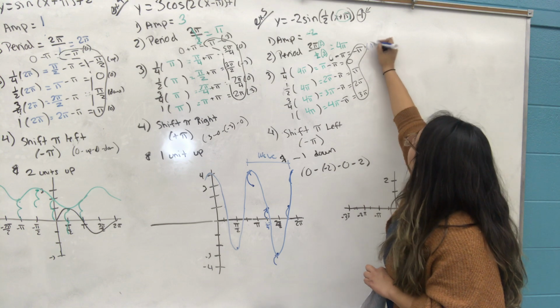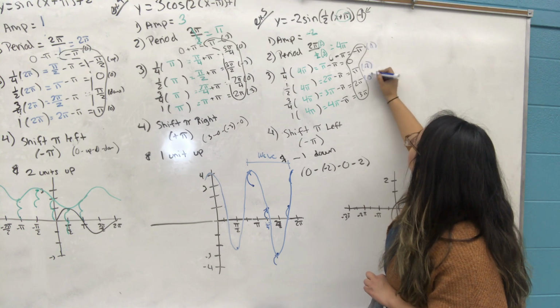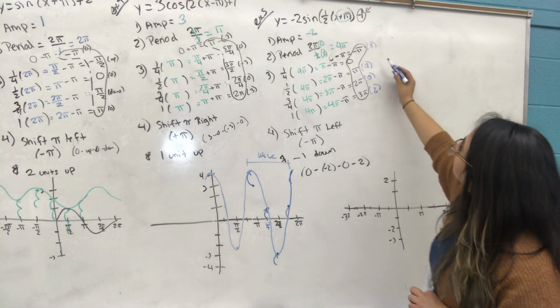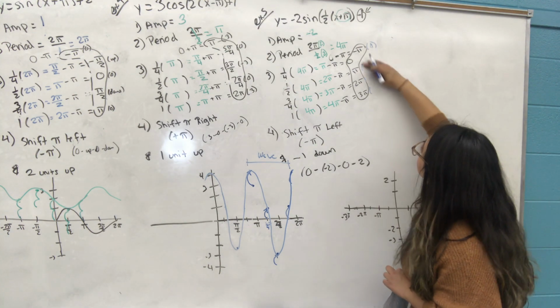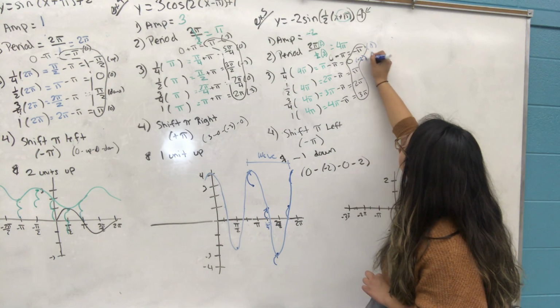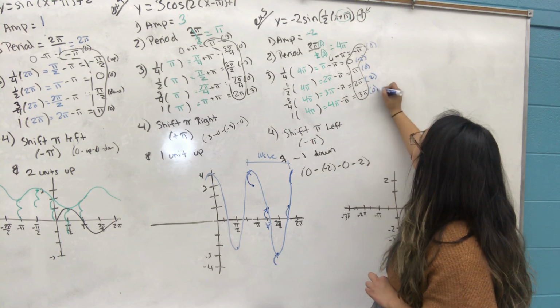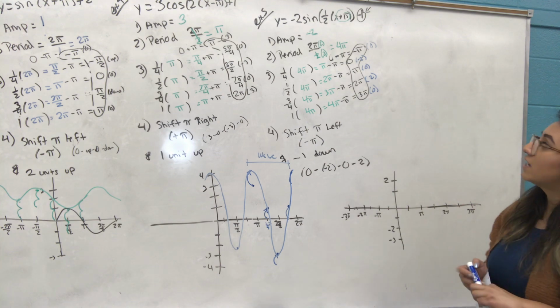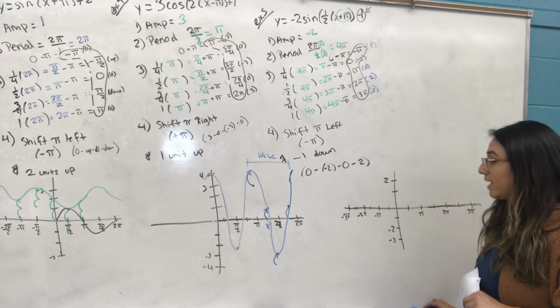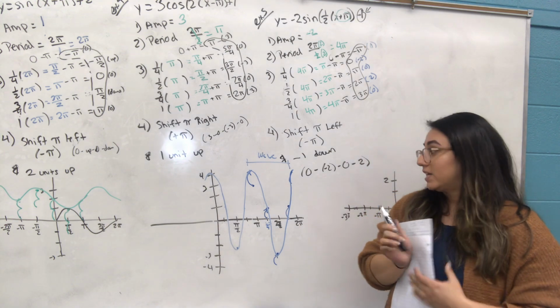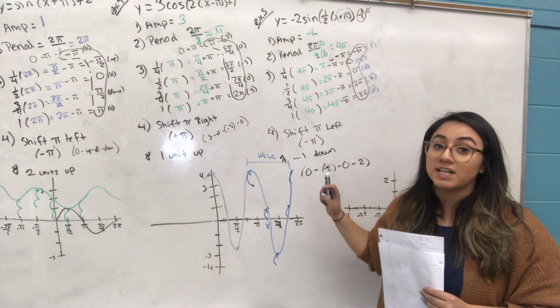So 0, -2, 0, 2. Well, I missed one. Press the 0 here. 0, -2, back to 0, up at 2, back to 0 there. So that's going to help me to graph it. Keep in mind, you have to graph the number of units that's shifting, which is 1 unit downward.